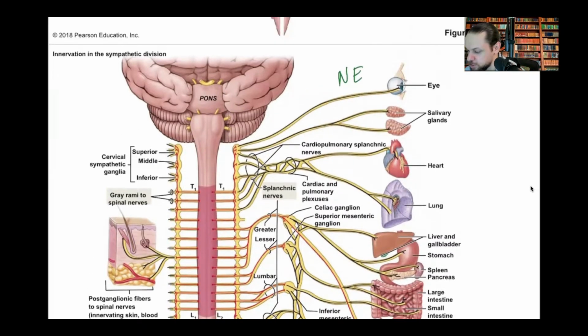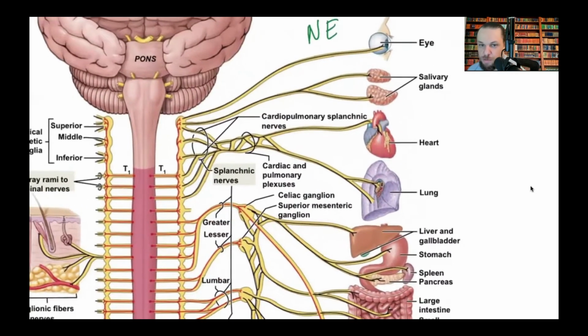Some things that you want to be familiar with are what the response is, and some of the receptors that will be triggered. So remember, one heart, Beta1 receptors. You have two lungs, even though there's only one pictured, but in your body you have two lungs, so they have Beta2.